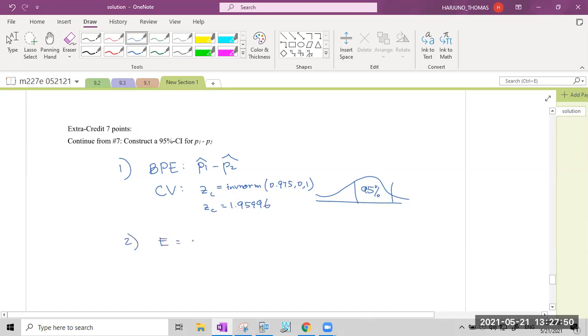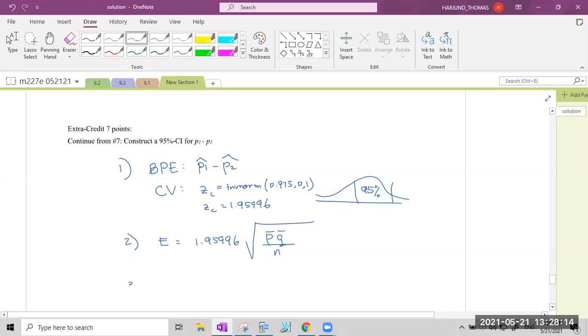The margin of error will be 1.95996 times the square root of P bar Q bar over N, the total data.